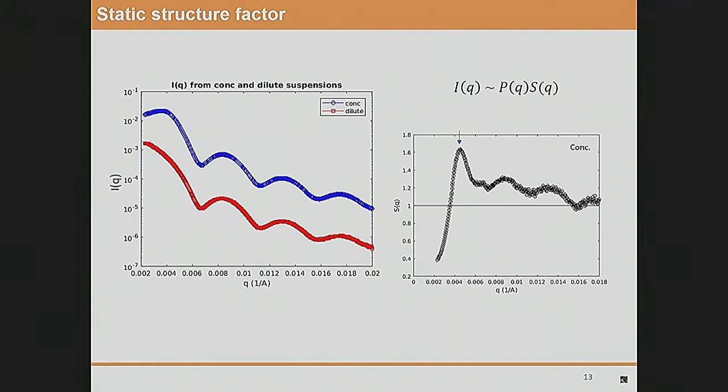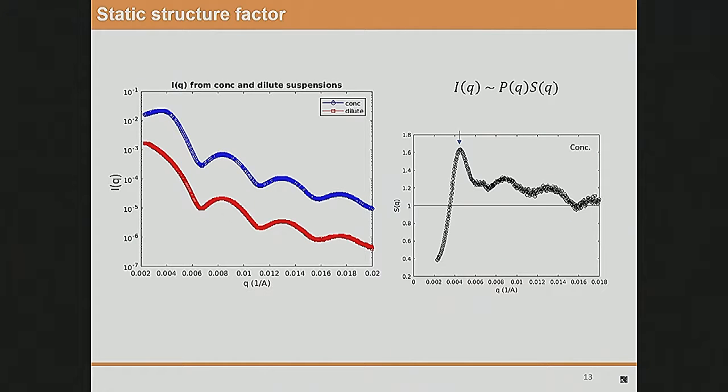We can actually divide the intensity from the concentrated sample by the dilute sample and get the structure factor for the concentrated sample. This peak right here is at about 0.0045 inverse angstroms in Q. That corresponds to about 140 nanometers and tells us it's a measure of the sphere separation in the concentrated solution.